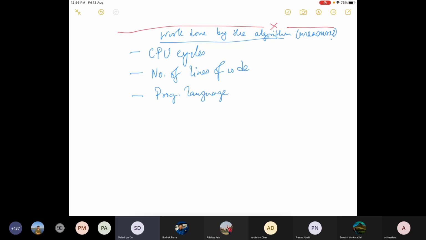No, sir. Why? Because it will vary from system to system. Machine to machine, this will vary. What about this? Sir, it's misleading, right? This will vary from instruction set to instruction set.